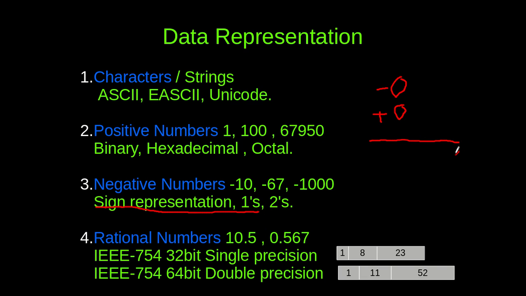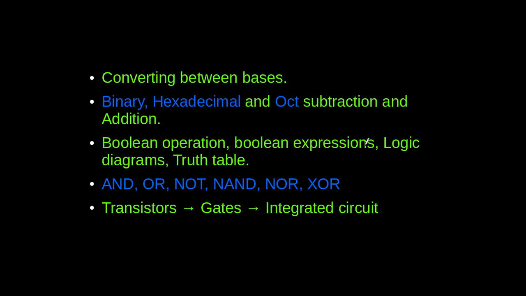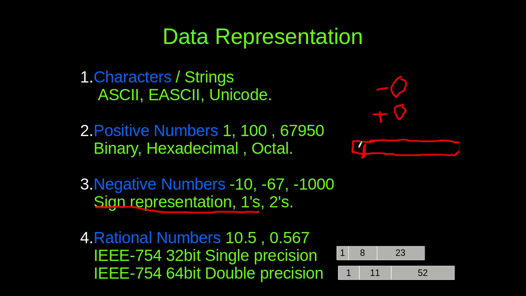Let's think of sign representation. This bit is for the sign, the most significant bit, and I want to represent -0. I'll put 1, meaning negative, and add all zeros, so 7 zeros. And what about +0?